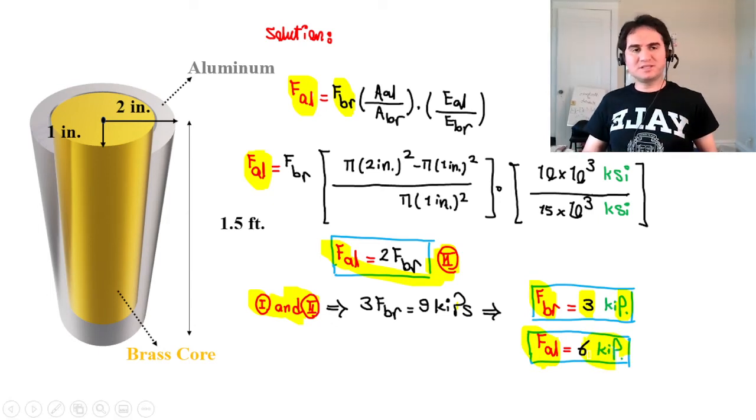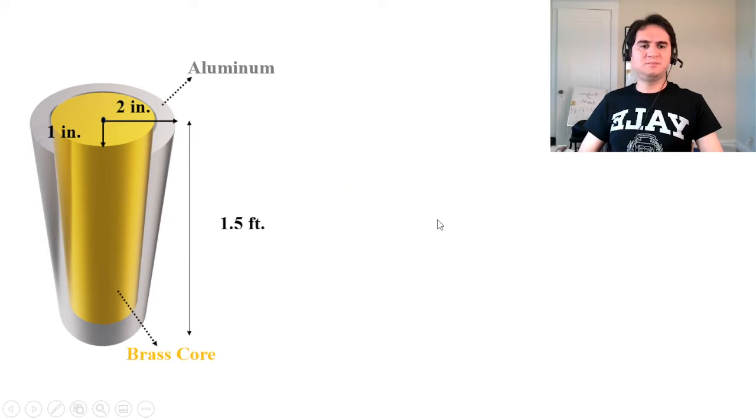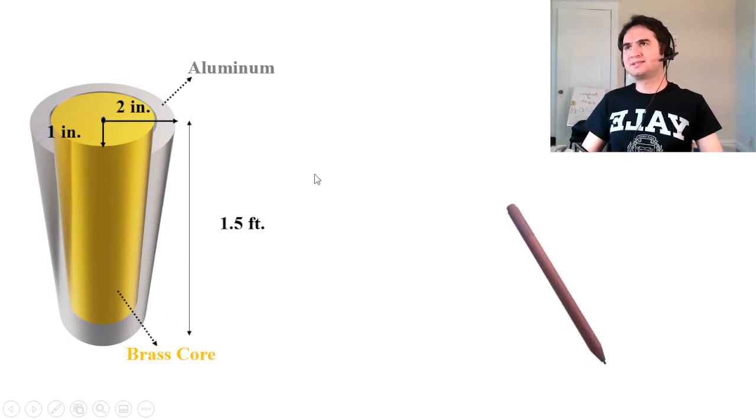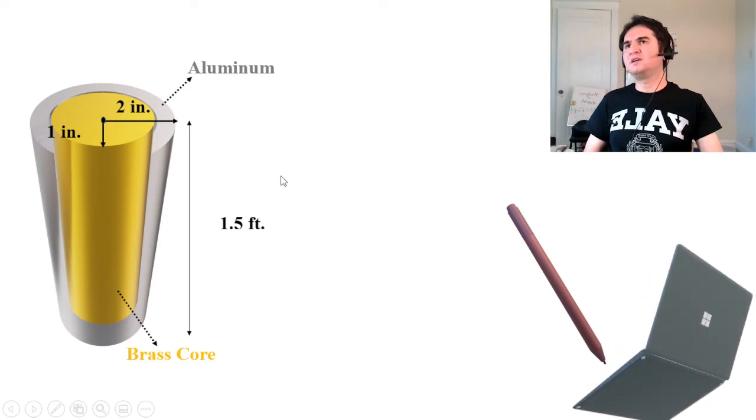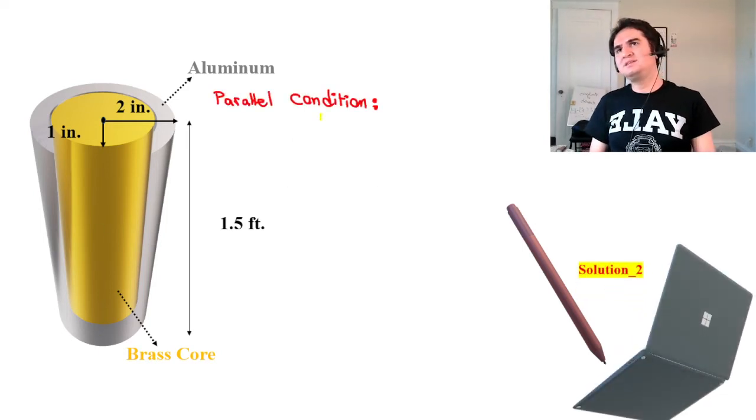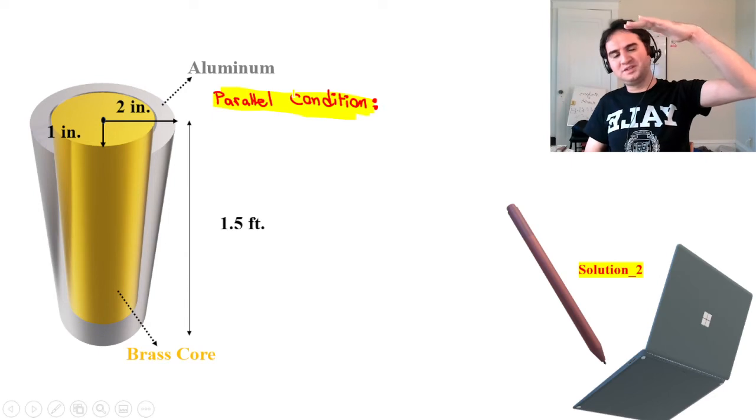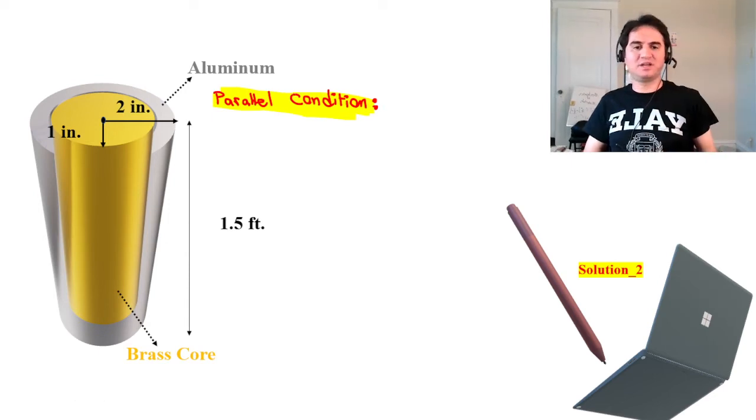And this time, let's solve the problem in a far easier approach, which is beams and shafts in parallel and series. So let's see how that works. If we call it solution 2, we can easily see this is a parallel condition. Do you remember I told you the rigid cap acts like a distributor of forces?